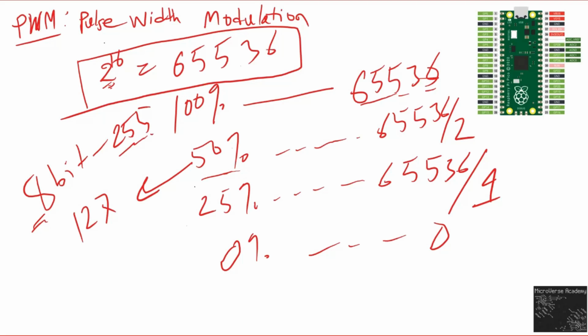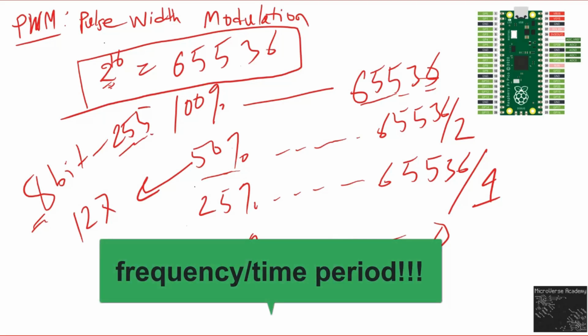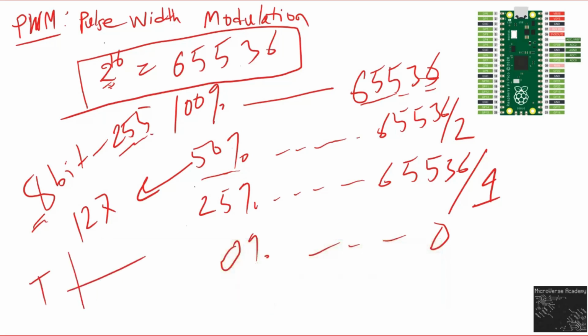We also need to be careful about another thing for the PWM, that is the time period. As we have already seen, this is the time period, and based on this time period it might have some effect. For example, if you are going to switch a transistor or MOSFET, you need to know what maximum frequency you can use for that specific transistor or MOSFET.